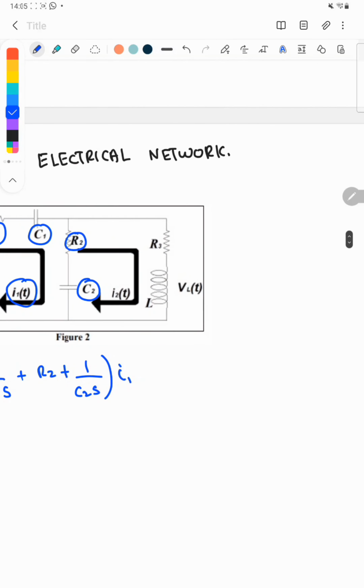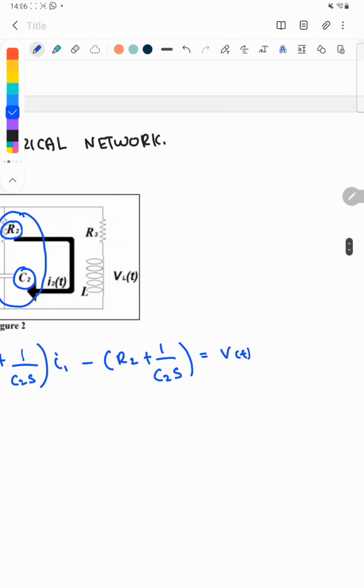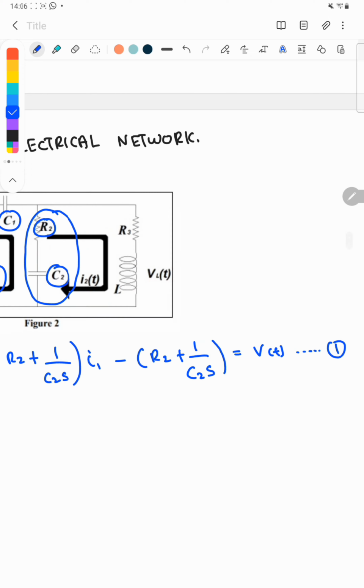And the connections between loop I1 and loop I2 are R2 and C2. This will be our first loop.